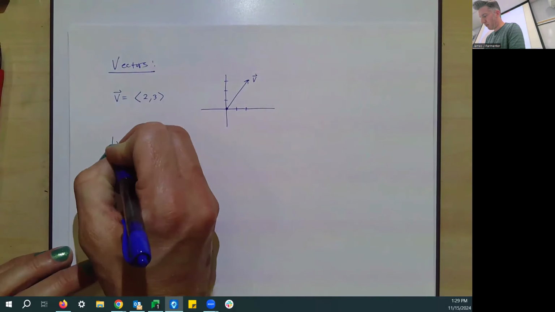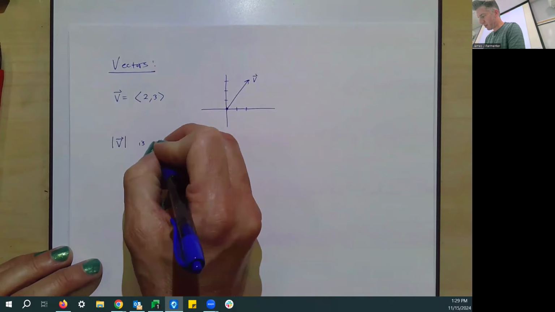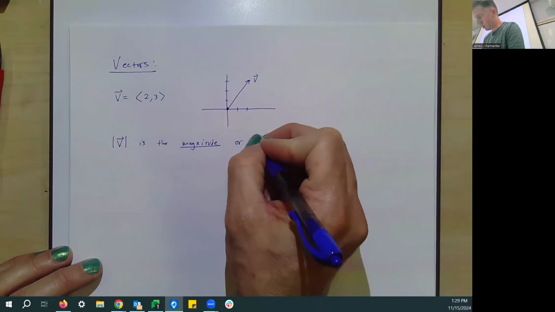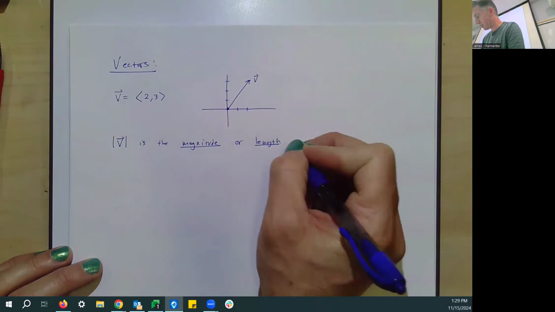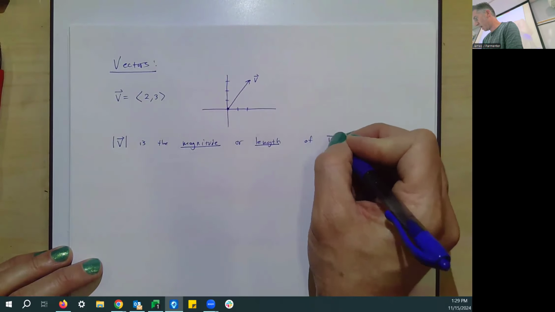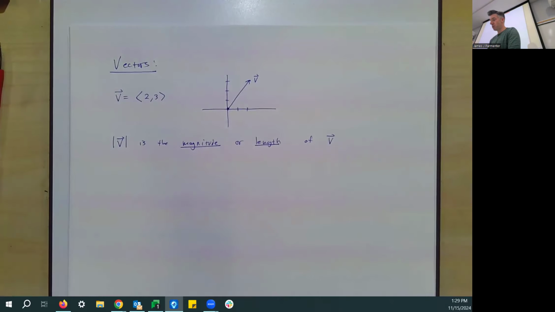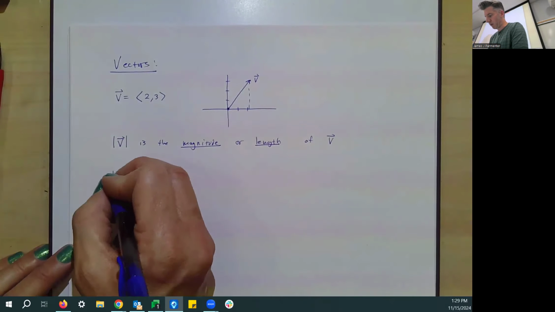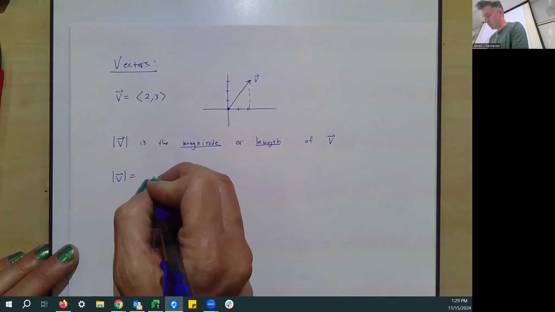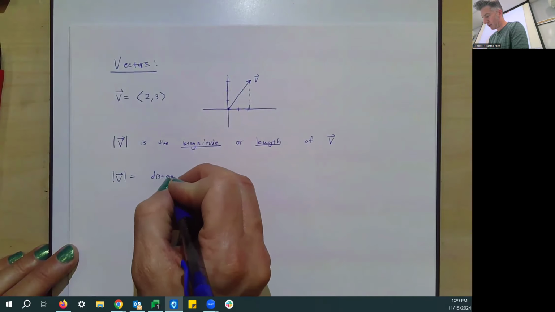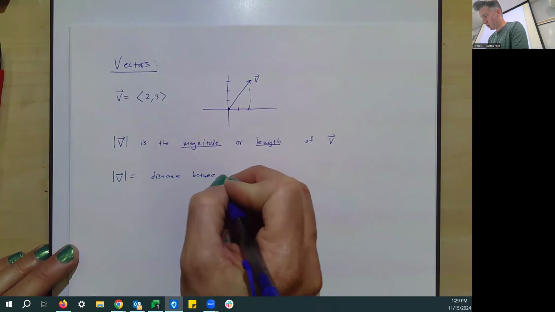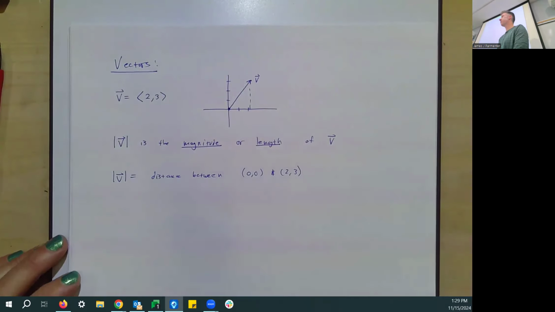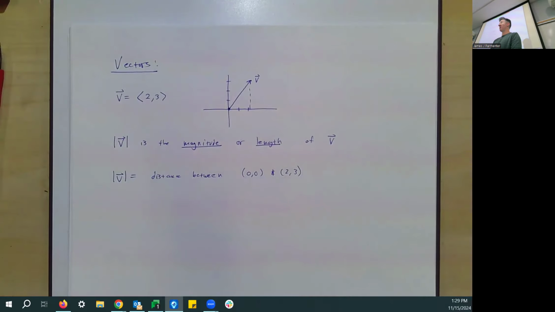The magnitude of the vector, also known as the length of the vector, we find in the usual way, really just meaning using the distance formula. You could think of the magnitude of v as being the distance between the initial point and the terminal point, which is why we like to think of them starting at the origin.